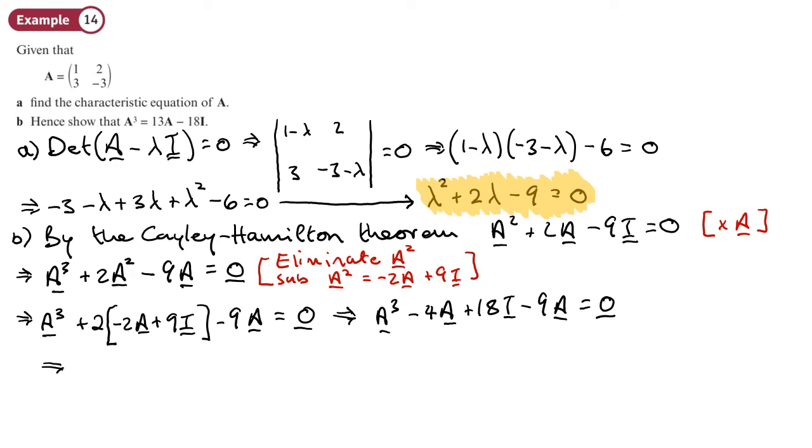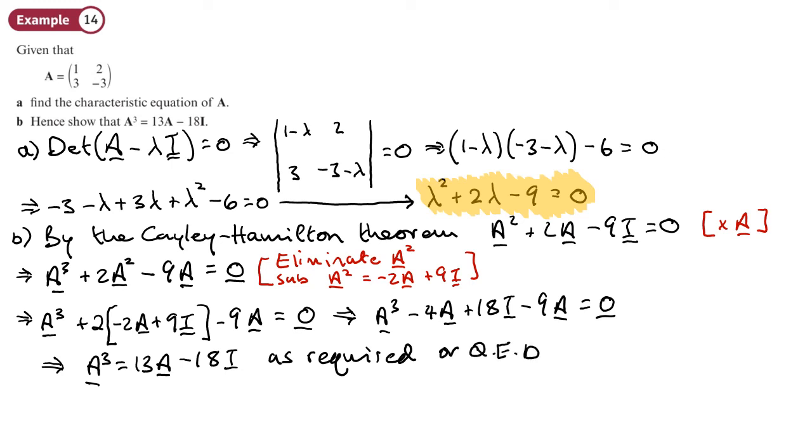We want to get the A cubed term on its own. So what have we got? We'll add 4A and 9A to both sides, so that will give me 13A on the other side. And we'll take away 18I from both sides. I will end up with this as required, or we can write QED to show that we've demonstrated that statement is true.